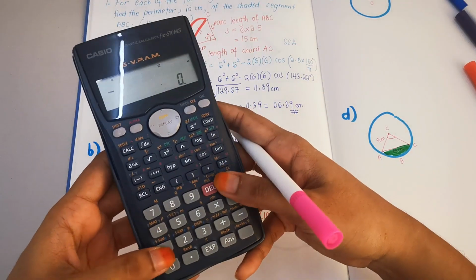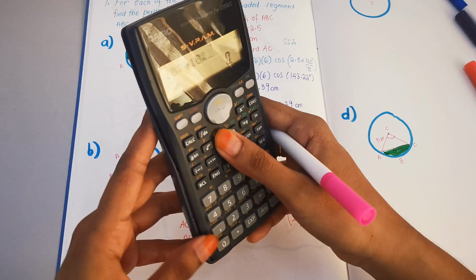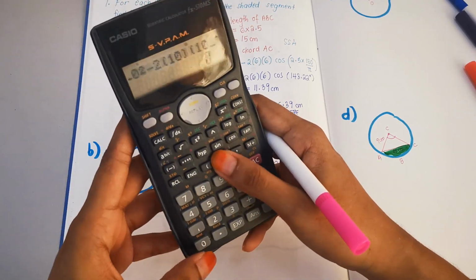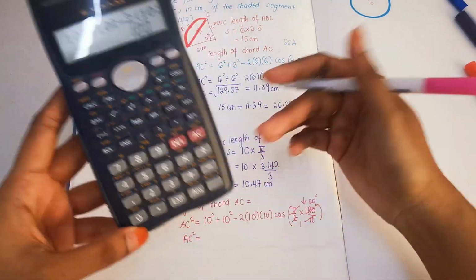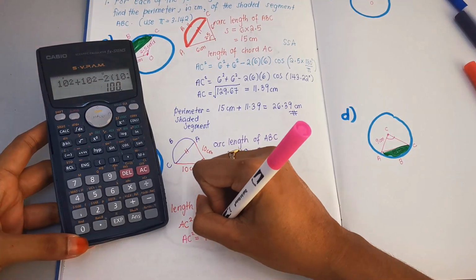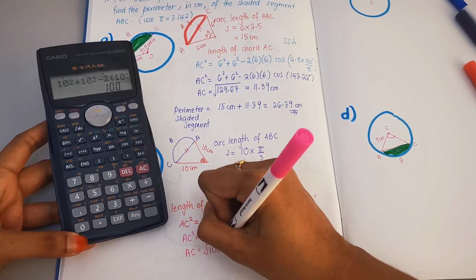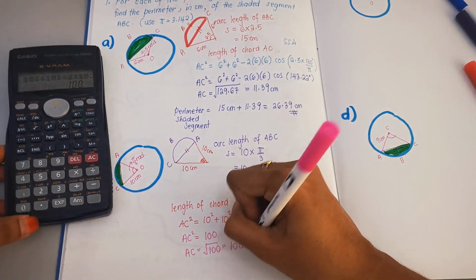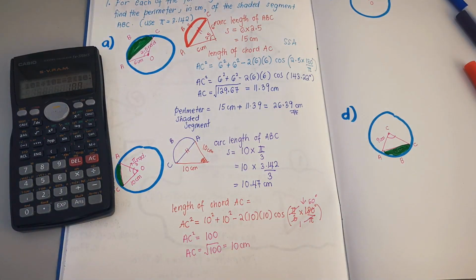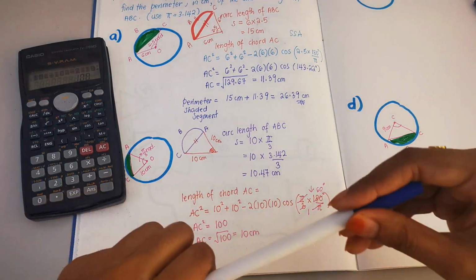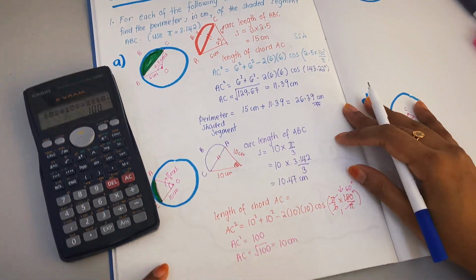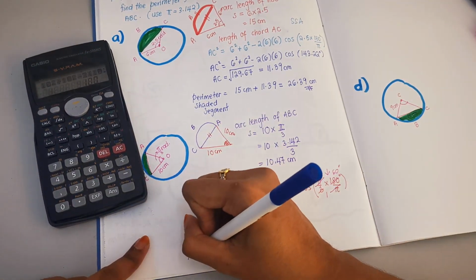Now let's key in everything. 10 square plus 10 square minus 2 times 10 times 10 cos of 60. So we get AC square is 100. So the length of AC is the square root of 100, which is 10 centimeters. Since we already got the length of AC, let's find the perimeter.